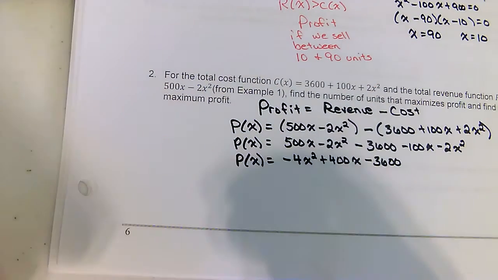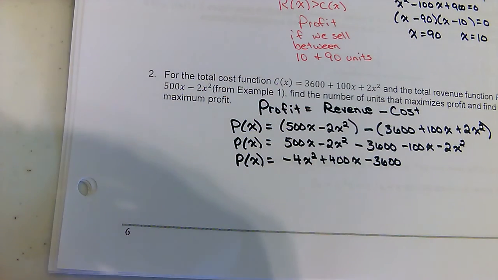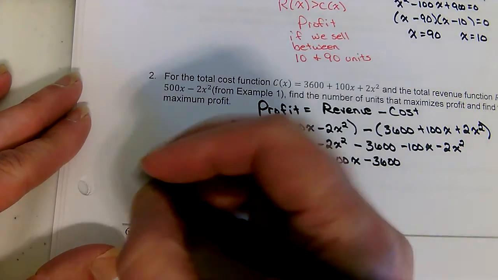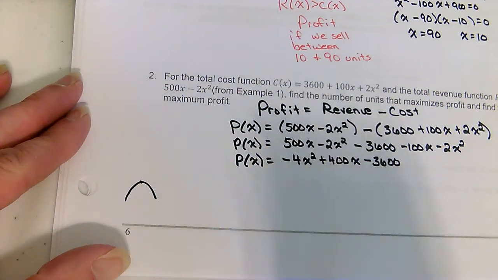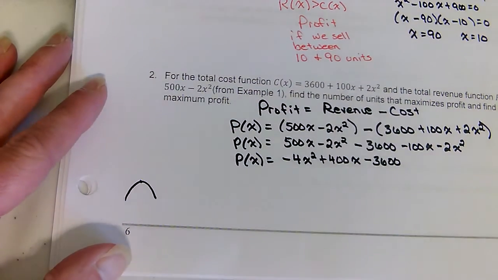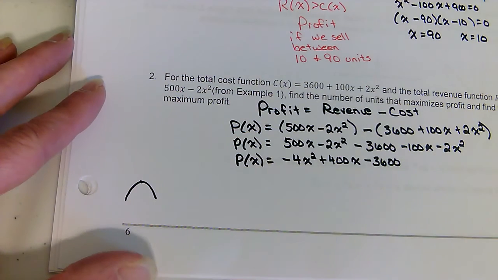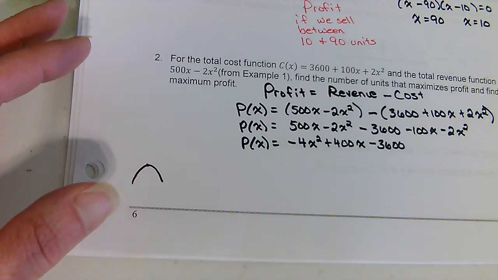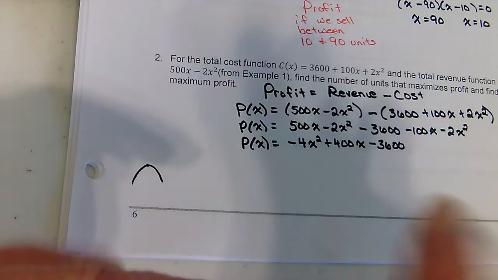And I want to know where this is going to have a maximum. So think about it. This is a quadratic that's opening down. My maximum is going to happen at the vertex of the profit function. So remember, we're going to have to find the vertex using that little formula.